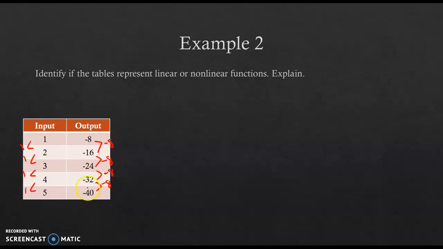Or you're doing negative 40 minus the negative 32, negative 32 minus the negative 24, etc. But I notice that we are subtracting 8 each time. And so this has a rate of change of negative 8, so it is linear. If I were to write that explanation, I would write it has a constant rate of change.